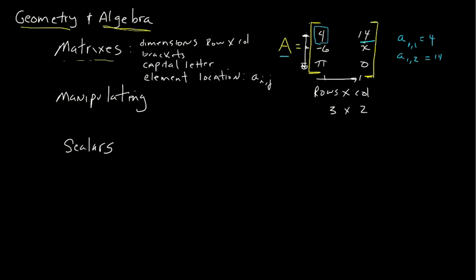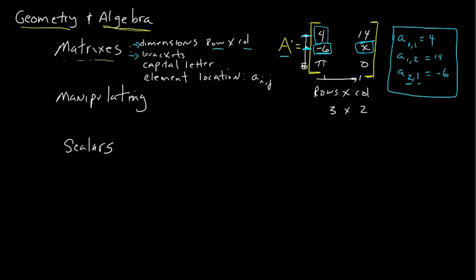So it would be this one. a(2,1), second row, first column, is -6. That's how you can identify elements inside of a matrix. They're described as dimensions, rows, then columns. Count rows down, columns over.